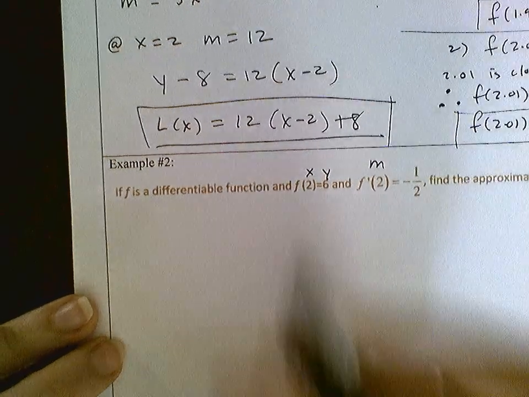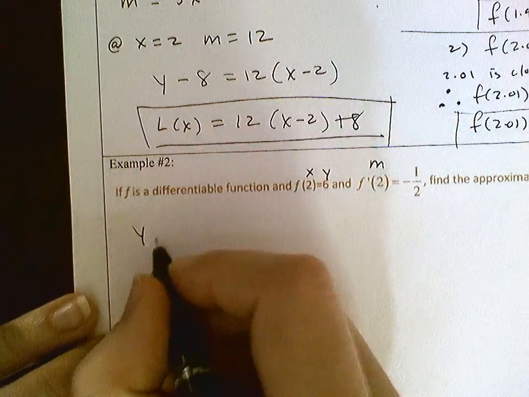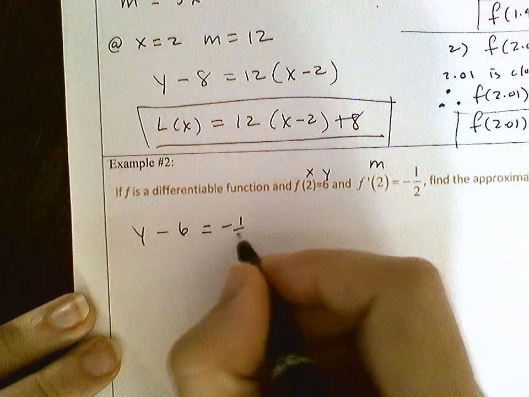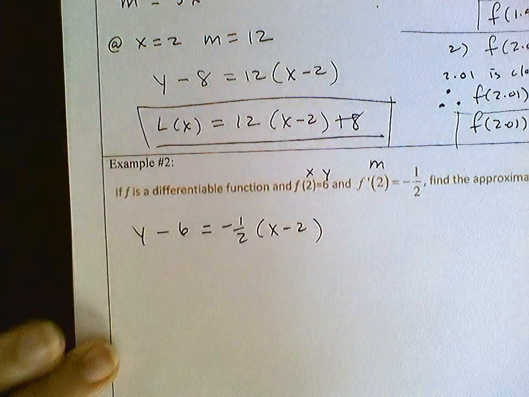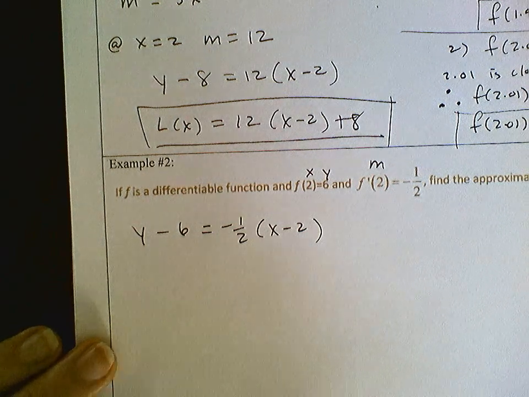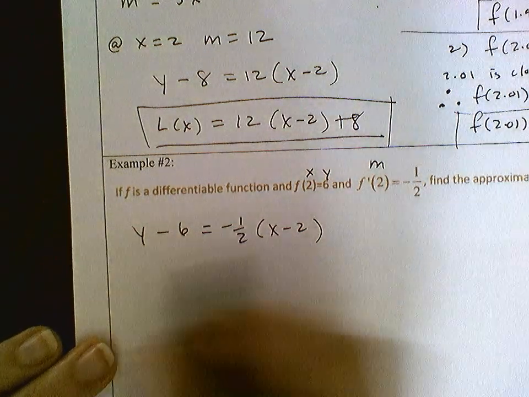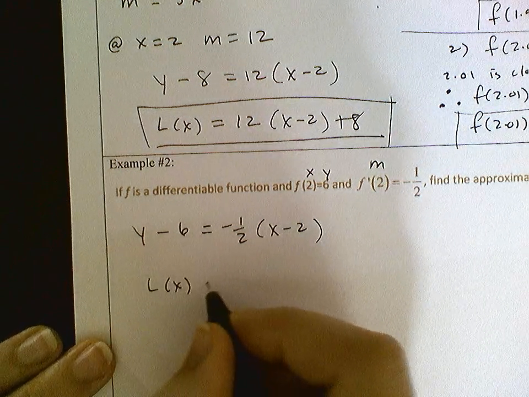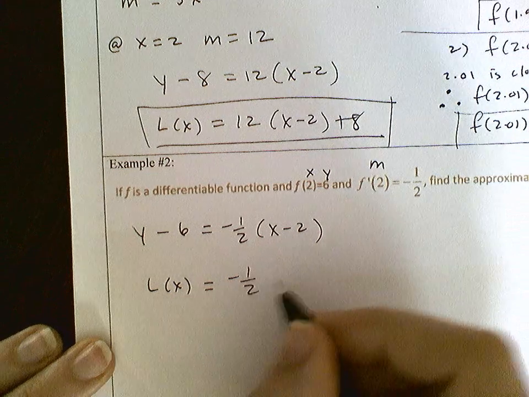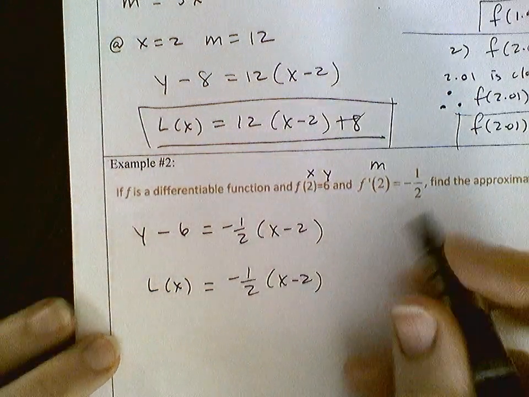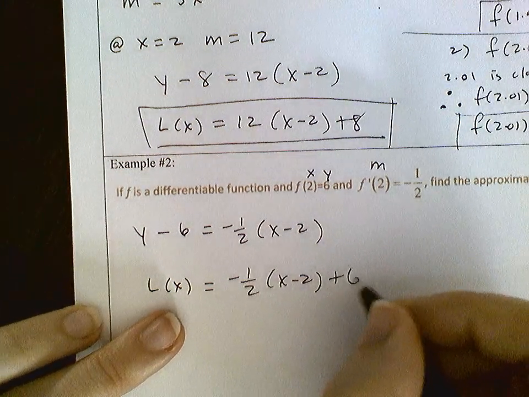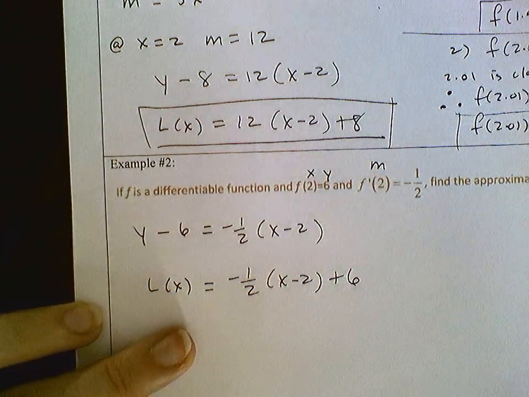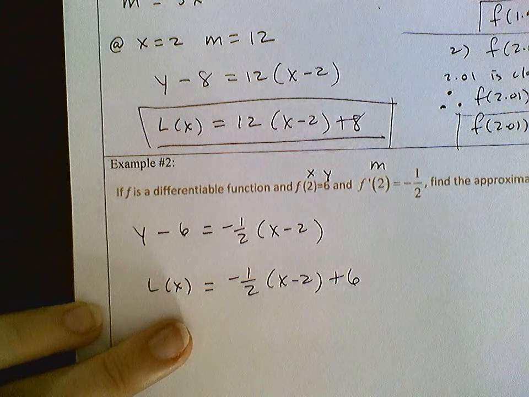So, alrighty, y minus 6 equals -1/2 times x minus 2. Okay? And then I'm just going to add 6 to both sides and then replace y with L of x, which stands for the linear approximation of f at 2 here, because that's the x value that we're approximating at.